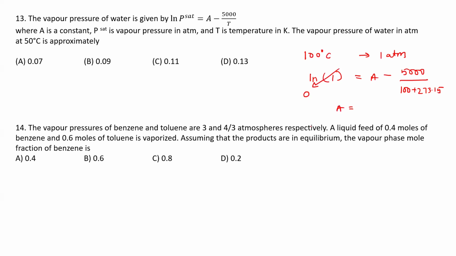Now Psat at 50 degrees Celsius equals exponential of 13.39 minus 5000 by T, where T is 50 plus 273.15.